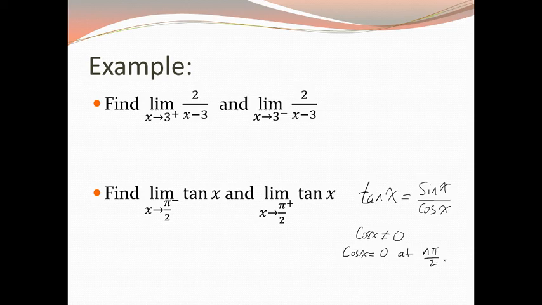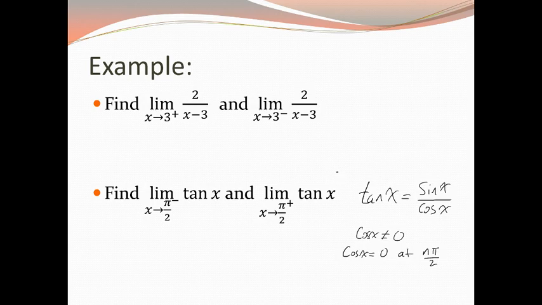So basically at every 90 degrees, cosine of x is 0. So this basically means that at pi over 2, we're going to have sine x over 0. So these limits are going to be infinite in some way, whether positive or negative infinity.